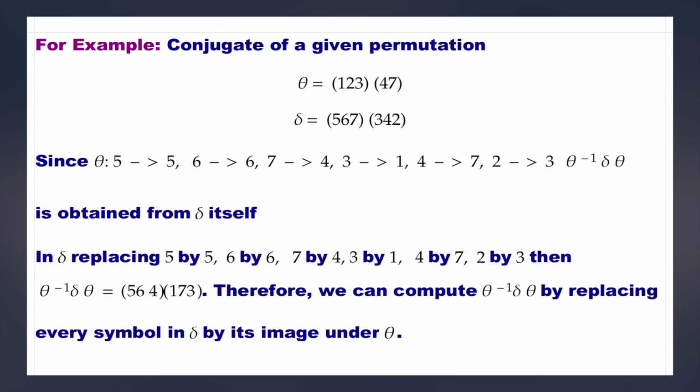In delta, replacing 5 by 5, 6 by 6, 7 by 4, 3 by 1, 4 by 7, 2 by 3, then theta inverse delta theta is equal to the product of the cycle (5, 6, 4) and the cycle (1, 7, 3). Therefore, we can compute theta inverse delta theta by replacing every symbol in delta by its image under theta.